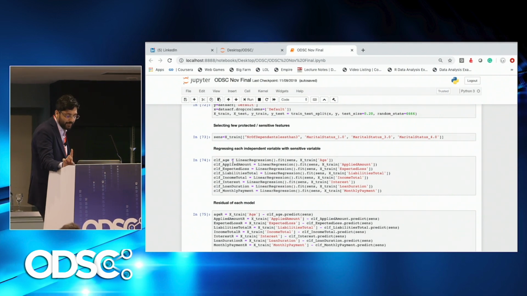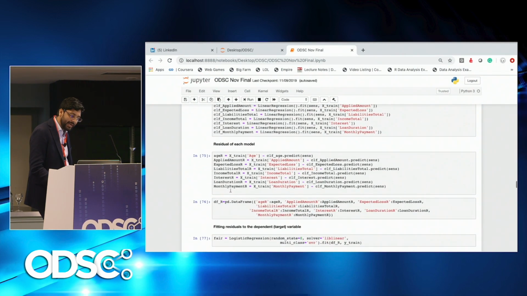That is, using number of dependents, single, married, divorced, these features, how well am I able to model age, applied amount, expected loss, liabilities, income, interest, loan, and monthly payment? Then I take the residuals.